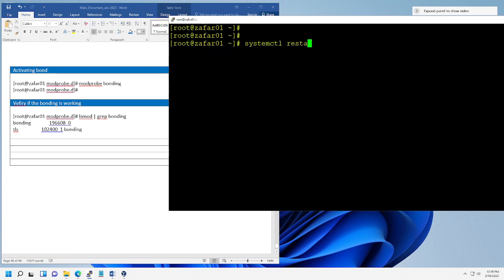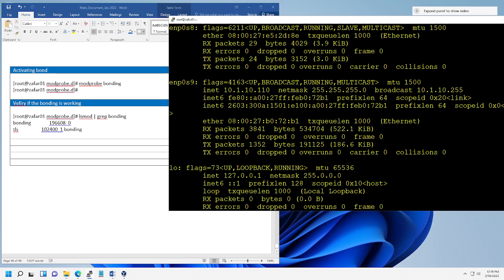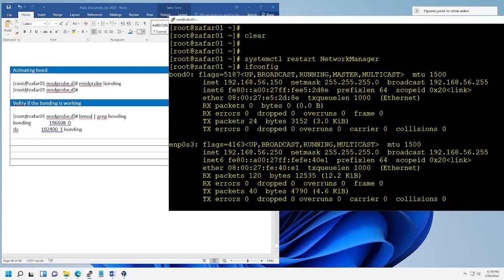systemctl restart NetworkManager. Okay, it took a few seconds and it came back. I'm going to do ifconfig and hit enter. And let's see here. Okay, look at this here.